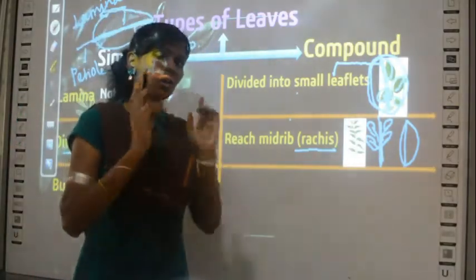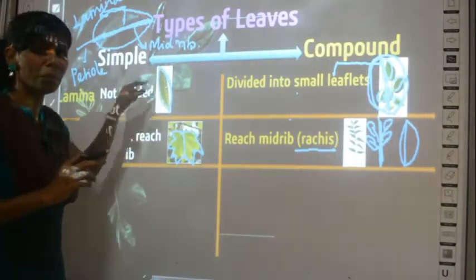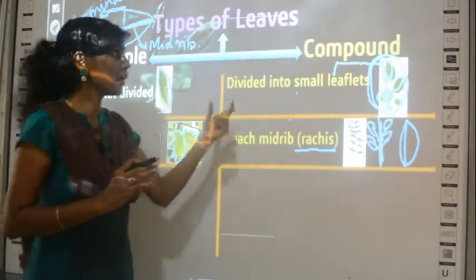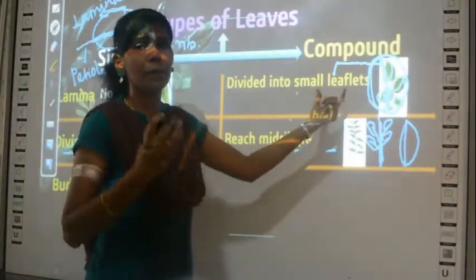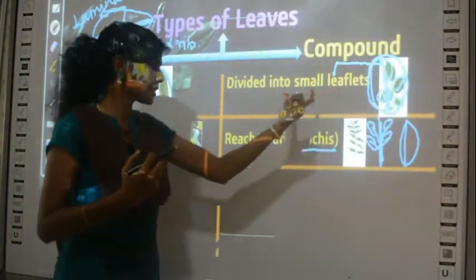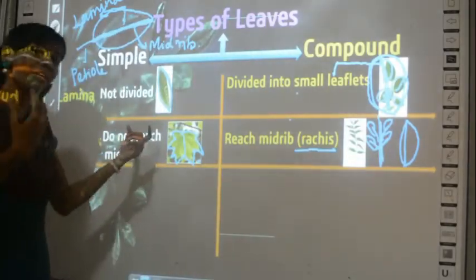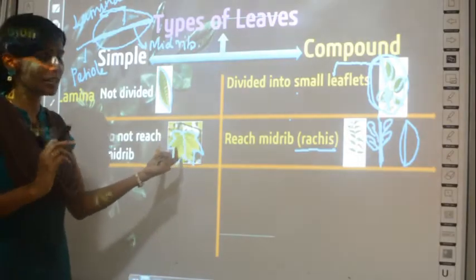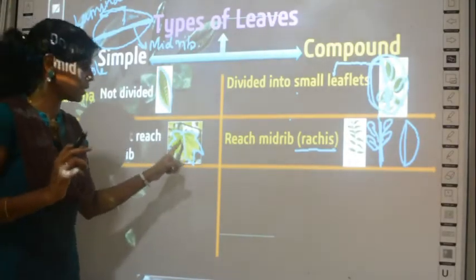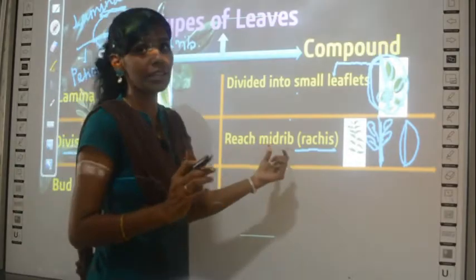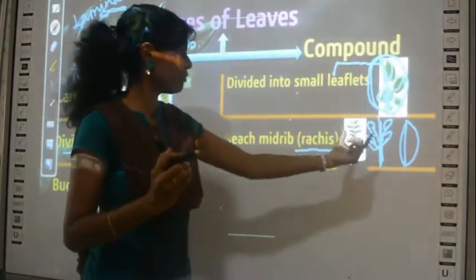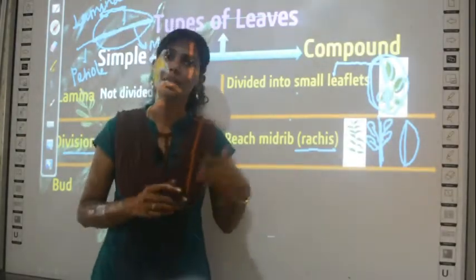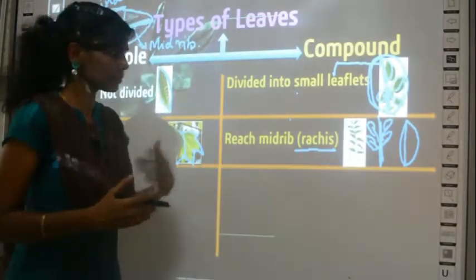Simple leaves are always one big smooth surface, the lamina or the leaf blade, whereas compound leaves have many small leaflets. The second difference is that even if there are divisions in the lamina, they will not touch the midrib. In compound leaves, the small leaflets will touch the midrib or the rachis.